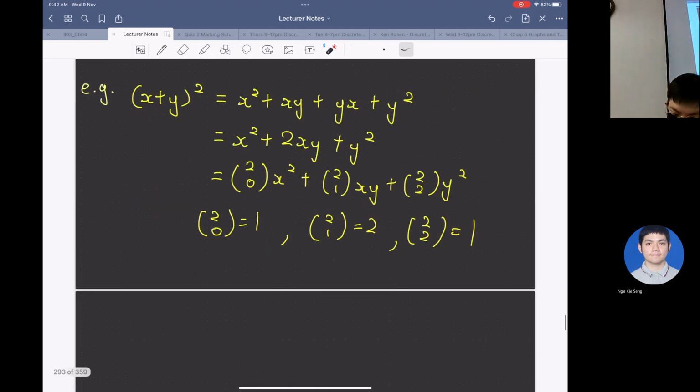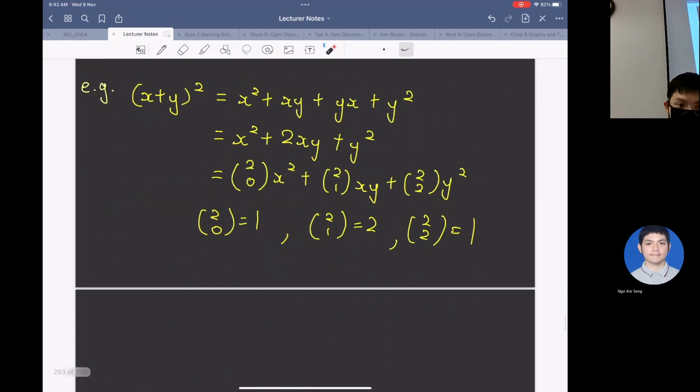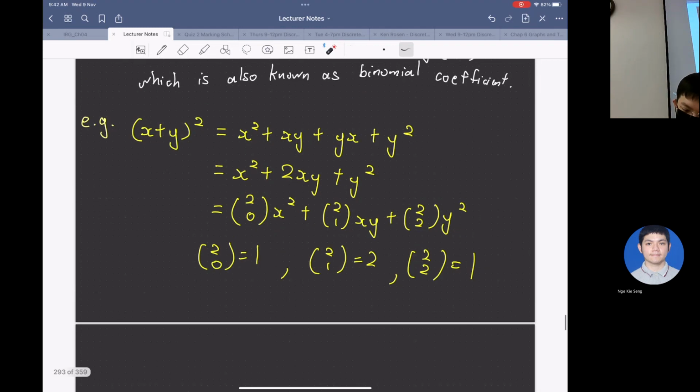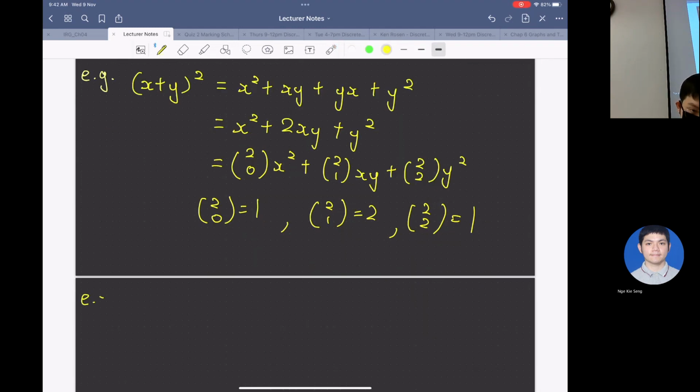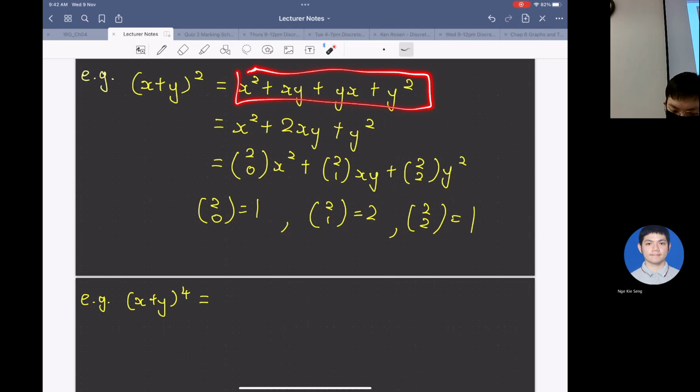For example, if you want to compute a larger power, instead of expanding it out, which takes a lot of time, you just use the binomial coefficient.